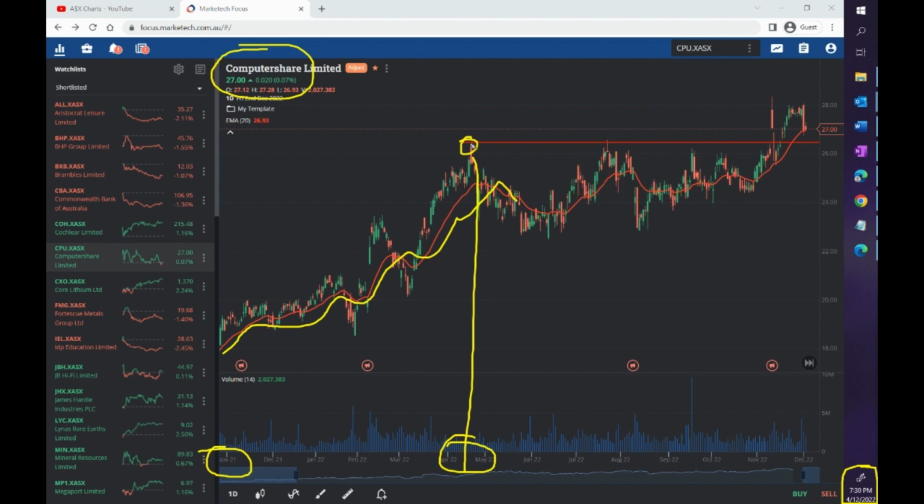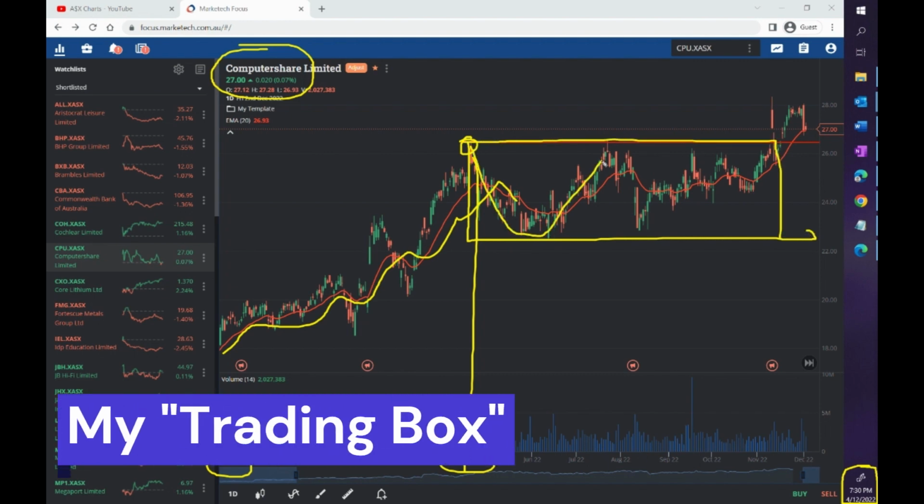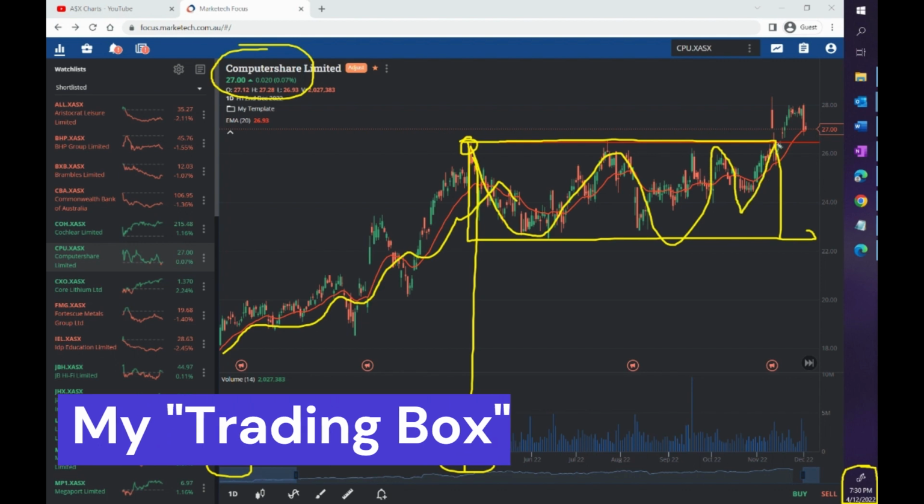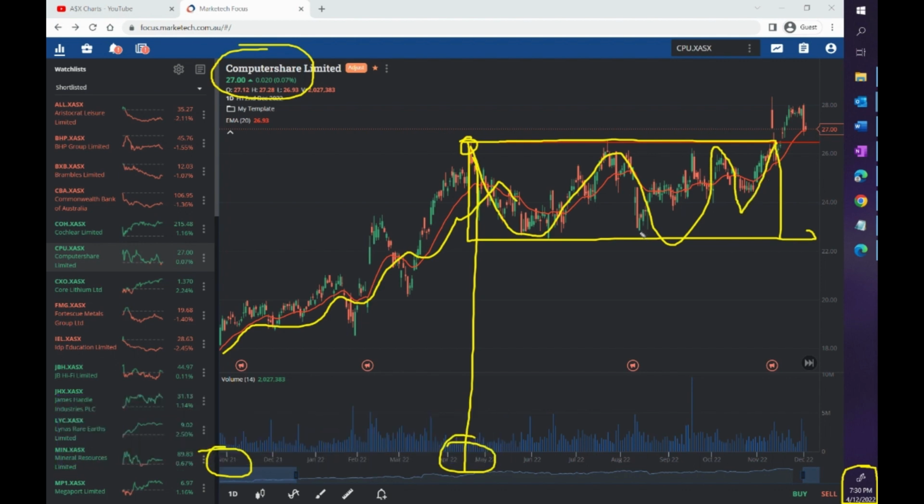Why I say horizontal and vertical consolidation is because we can see this rectangle in which it has been trading, but if we also take that as a quadrant, we can see that after the midpoint where it hit here, the stock has been in this quadrant, reaching up towards this point itself.